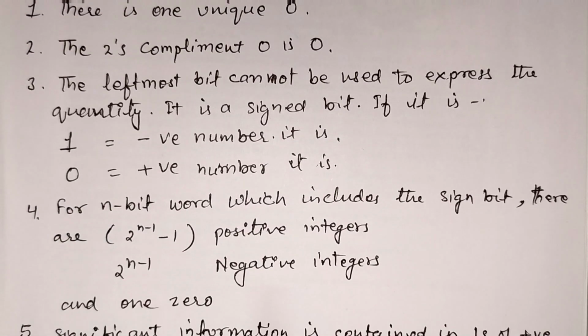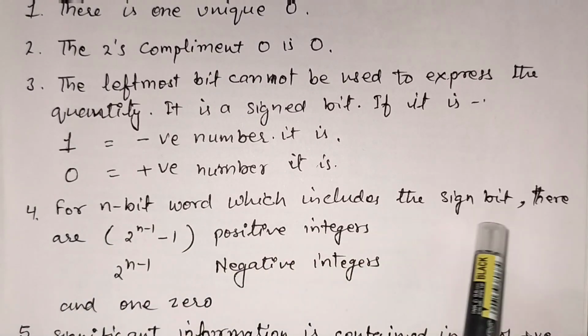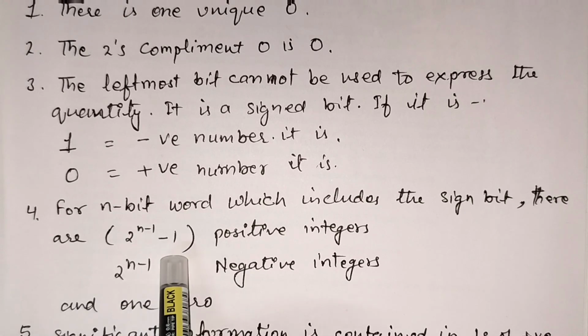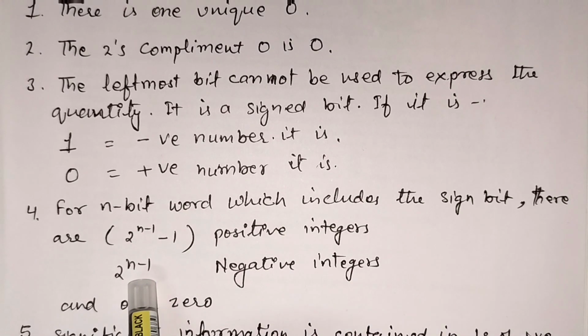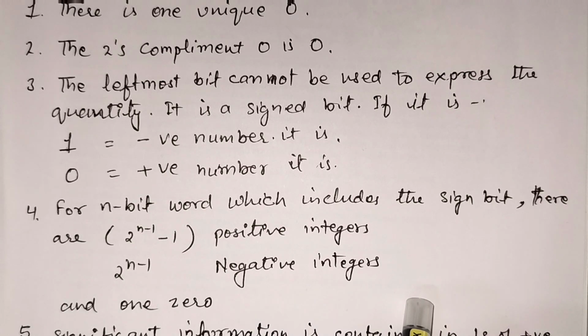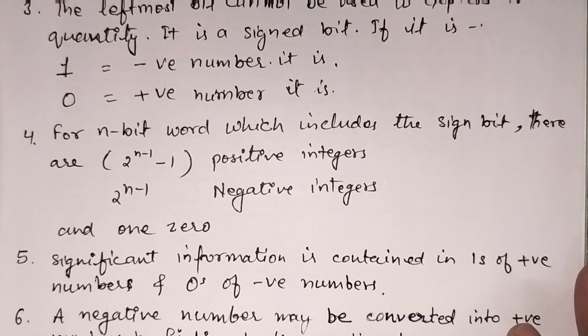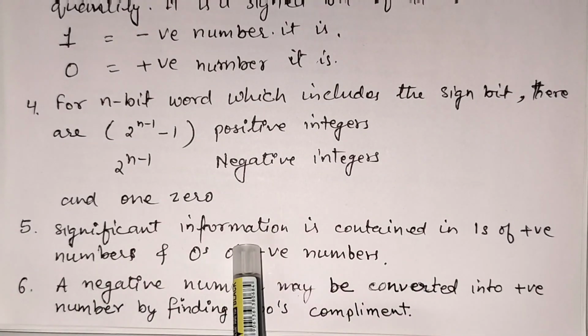And the fourth is, for an n-bit word which includes the sign bit, there are 2 raised to power n minus 1 positive integers and 2 raised to power n minus 1 negative integers, and one is 0, and the rest is significant information.